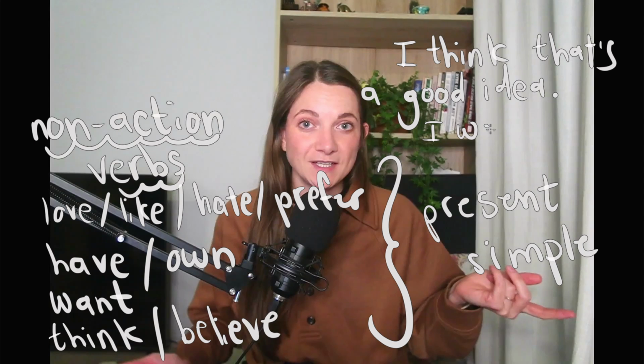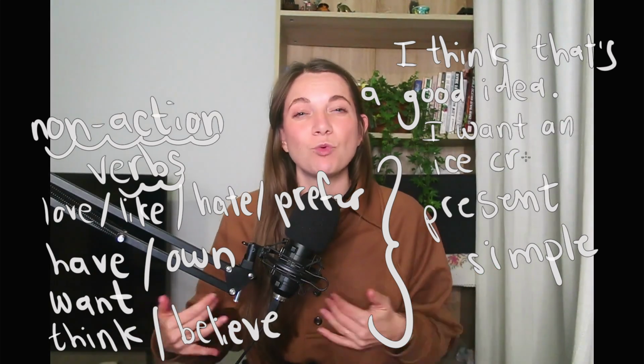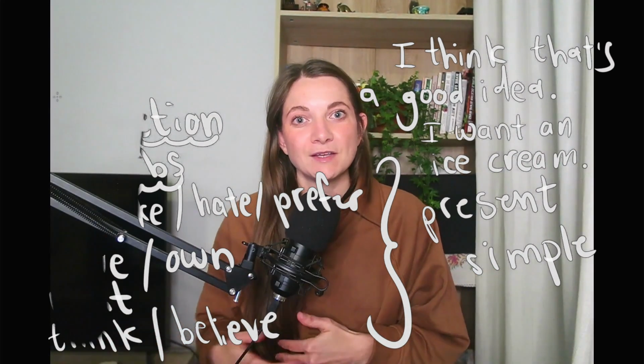I want an ice cream, not I'm wanting an ice cream. So for non-action verbs, we can only use them in the present simple, even when the meaning is the same as the present continuous.